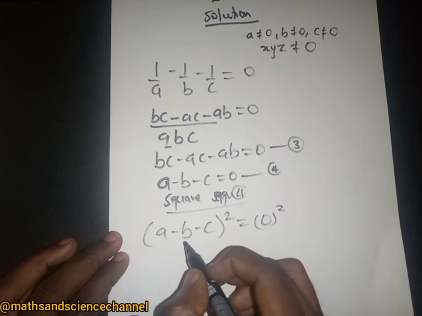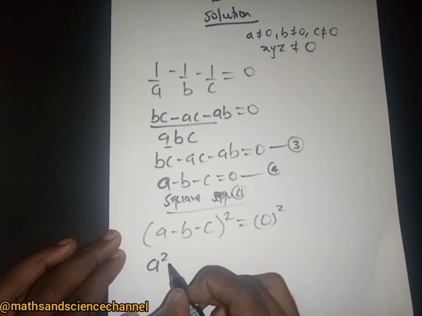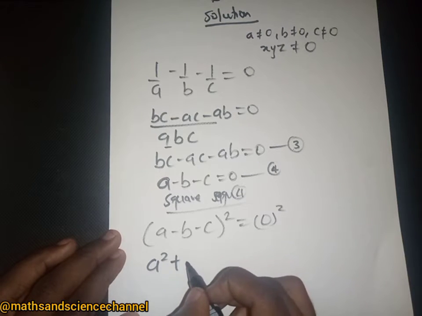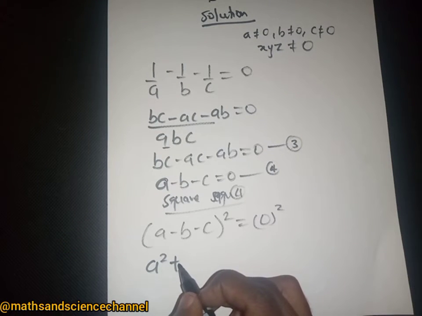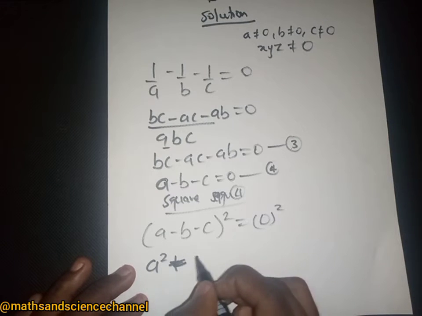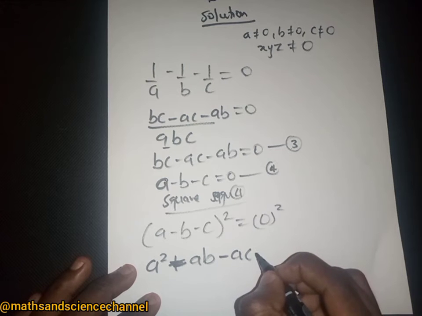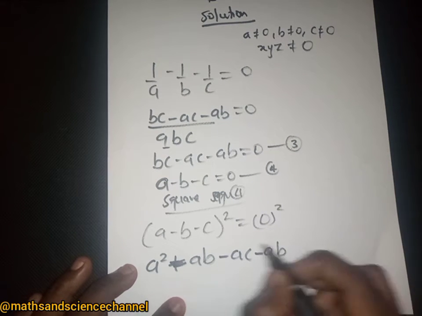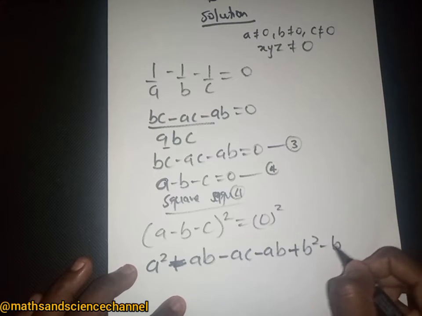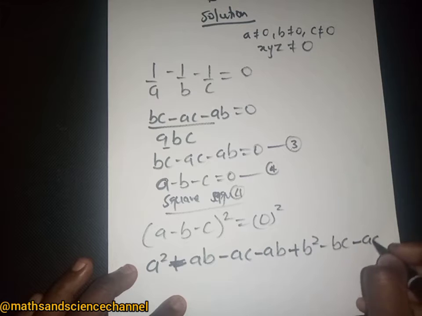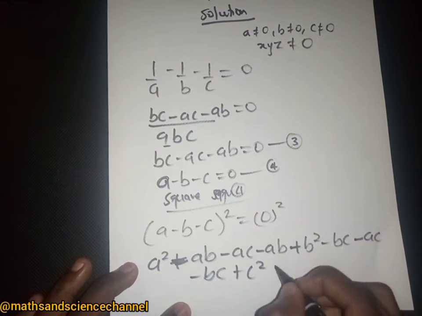When we square this, you realize that we are just going to get a squared, then minus ab, minus ac, then minus ab. So I'm just expanding this, then plus b squared, then we have minus ac, then also minus bc, and also plus c squared being equal to 0.